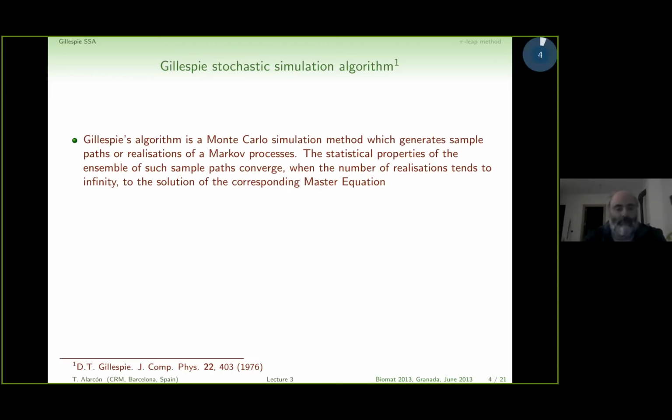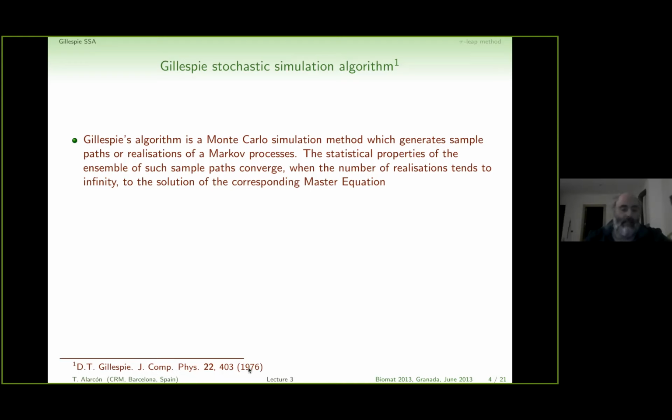Okay, so as we were saying, analytical or asymptotic solutions to this kind of systems are rarely available. So most of the times, to study the systems, we need to resort to numerical algorithms, stochastic Monte Carlo simulation methods. The most basic algorithm is the so-called Gillespie algorithm that was proposed by Dan Gillespie in this paper in the Journal of Computational Physics in '76.